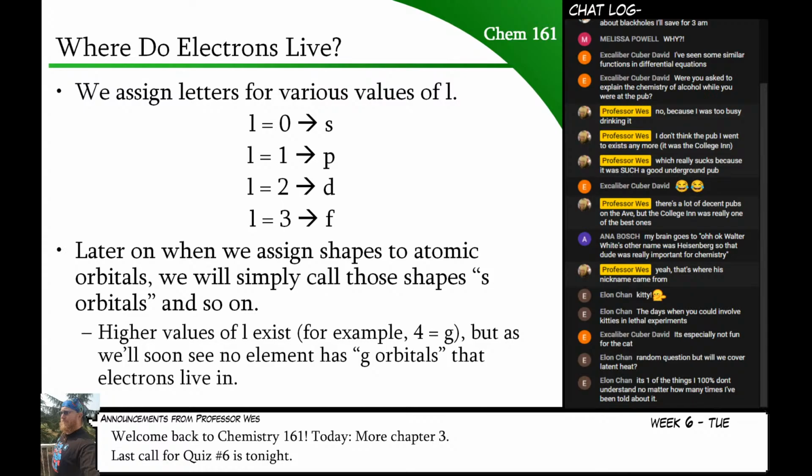For a given value of L, a letter is associated with it, and you've probably seen these letters before. So these are all L's. So you've probably heard of the term S orbital, or P orbital, or D orbital, or F orbital.